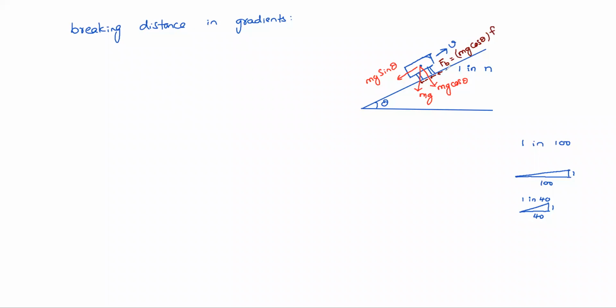The braking force will be in the opposite direction. Apart from the braking force, one more force is acting in the opposite direction of the vehicle movement, that is mg sin theta.